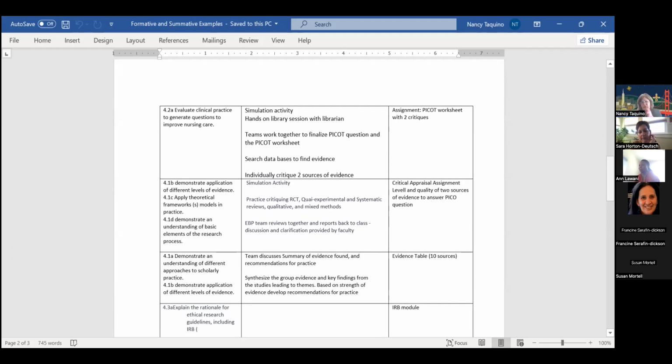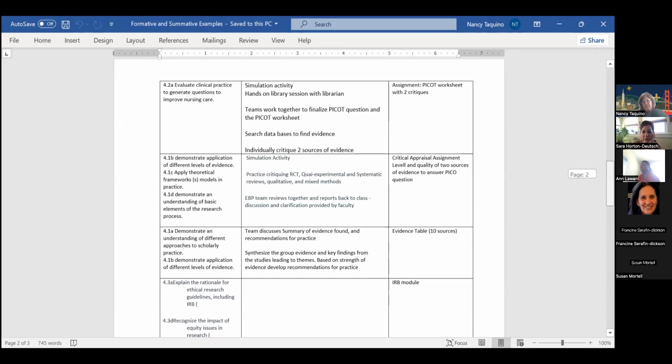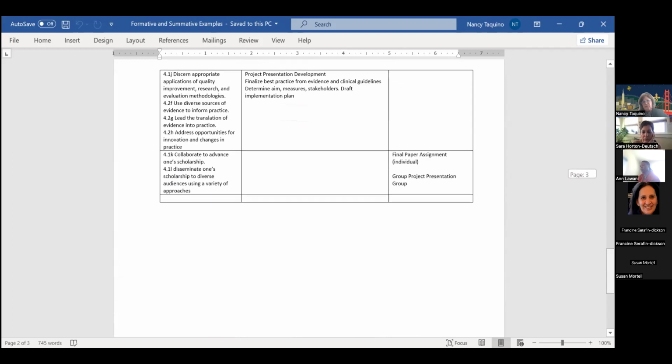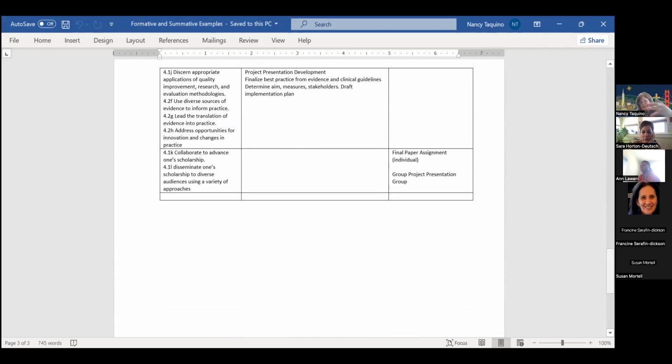And again, they have a tool that they have to complete. So I considered that to be a formative, a summative assessment. But all of the summative assessments that are in this far right column are leading up to actually the final summative, which is a paper and a team project presentation.